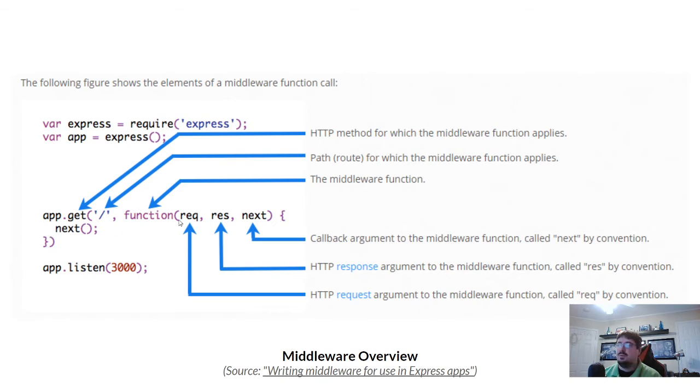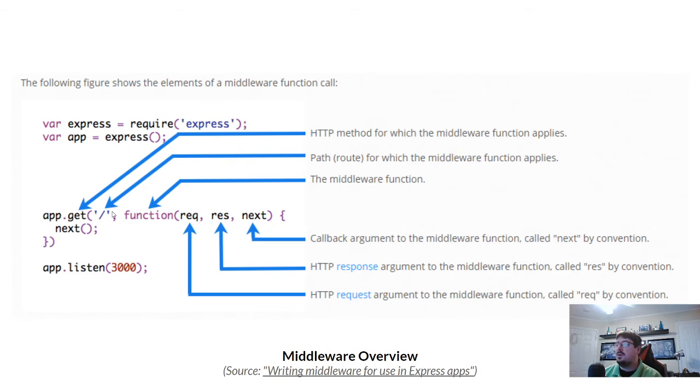The ones we've written so far have been more like what we would call a route handler, but I could inject a middleware function this way. This function runs anytime I request the home page, and it gets the request, the response, and next. Here it's not doing anything, it's just saying call next, run the next handler. Typically I might have something in there to actually generate the home page, because this has not generated the home page.